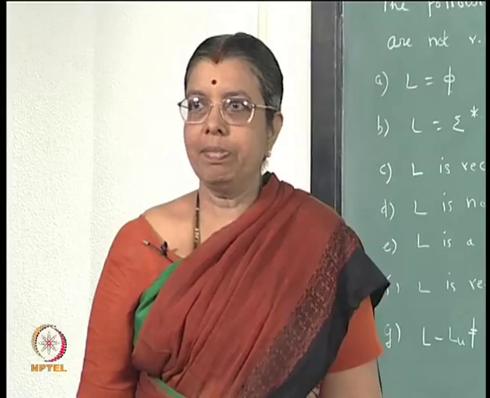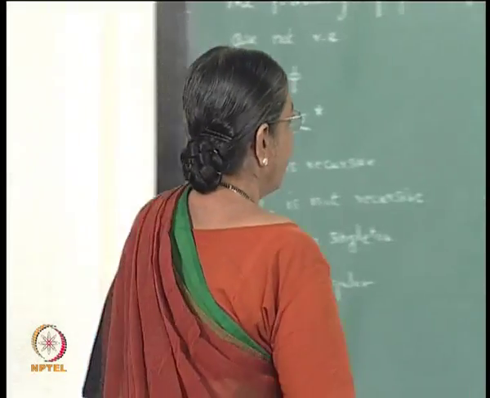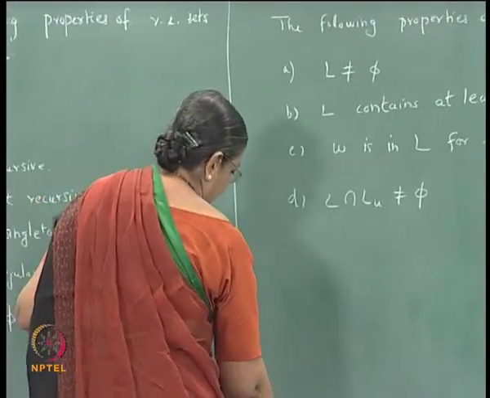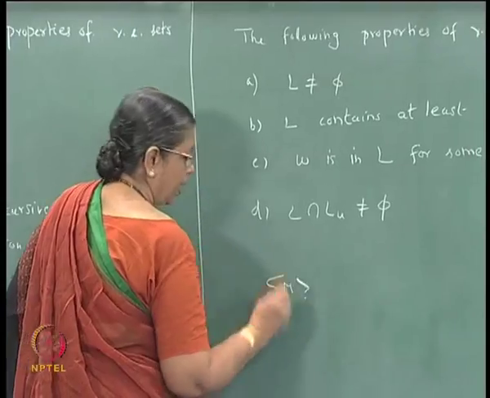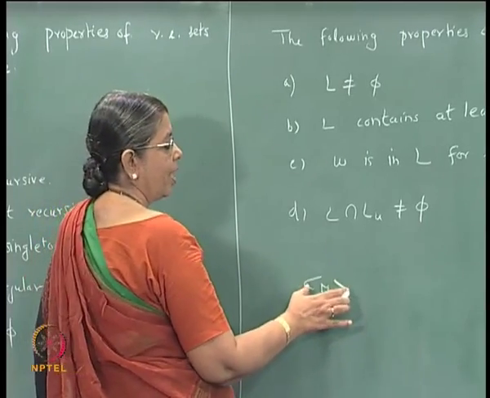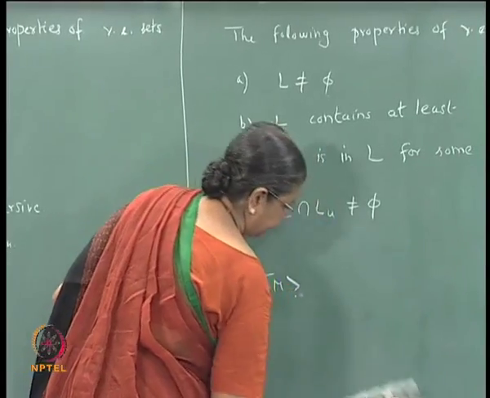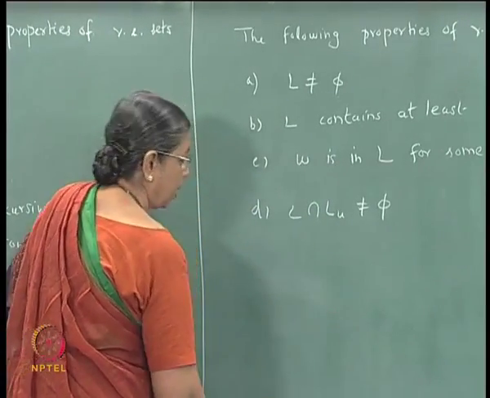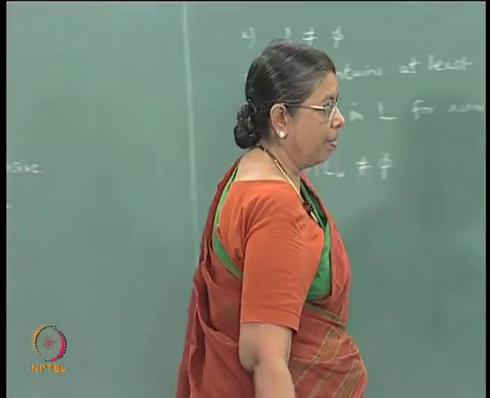So, by Rice's theorem they are not decidable. If you consider that language, what is that language? The Turing machines M for which the language LM will satisfy this. Some are recursively enumerable, some are not even recursively enumerable.